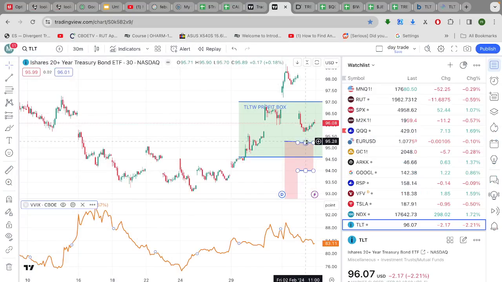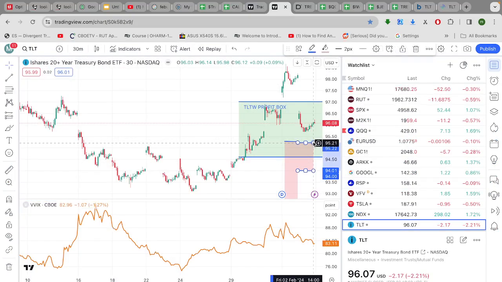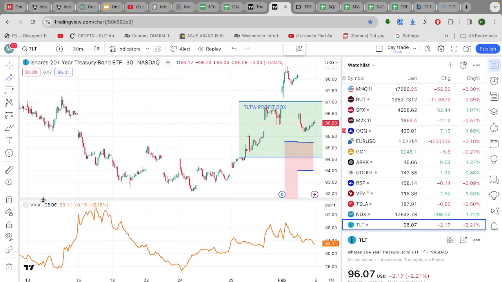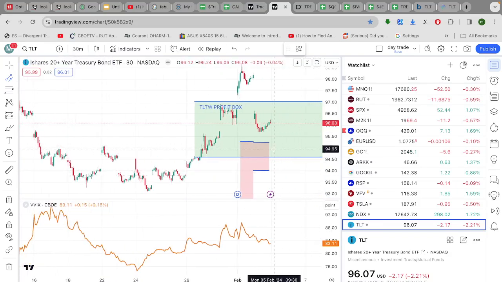All right, so let me straighten out this other Valley of Death. Okay, so here's the new Valley of Death for tomorrow. We need to find 94.69. There we go.